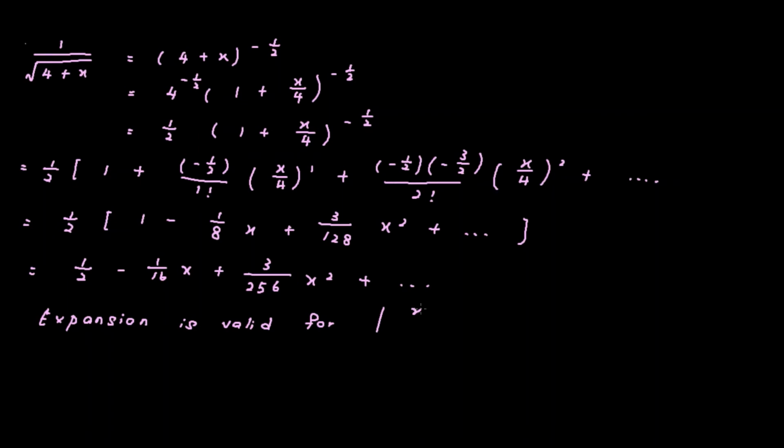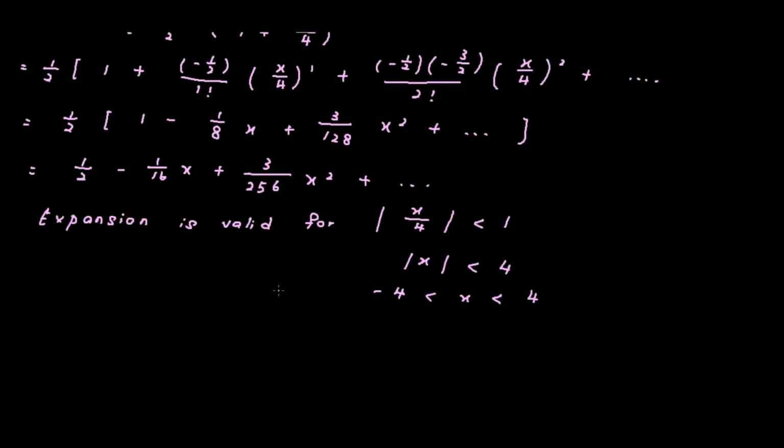So valid for |x divided by 4| less than 1. That's why it will be |x| less than 4, so negative 4 up to 4. I think I forgot to do this for the previous question. Later, let's try to add it.